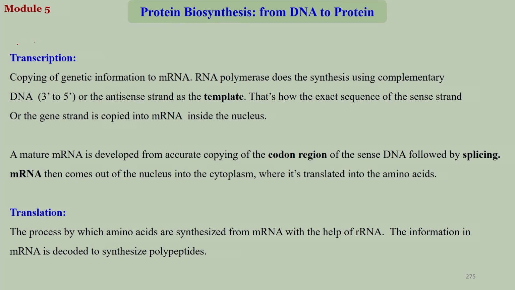The first step is called transcription, which means the copying of the genetic information, and the second stage is called translation, the process by which the amino acids are synthesized taking the genetic code. Why the name transcription, why the name translation, we will understand as we move on. So, let us take the first process, that is transcription.